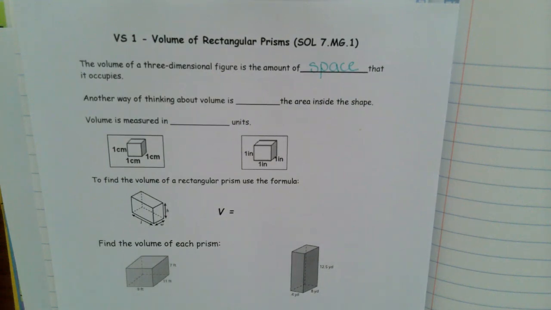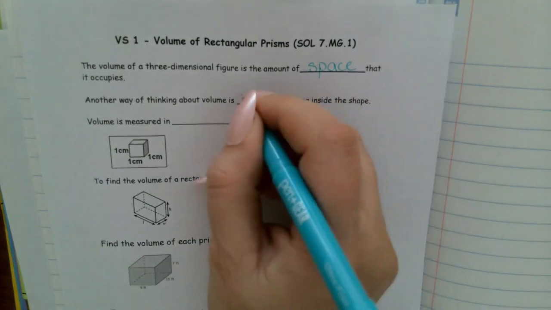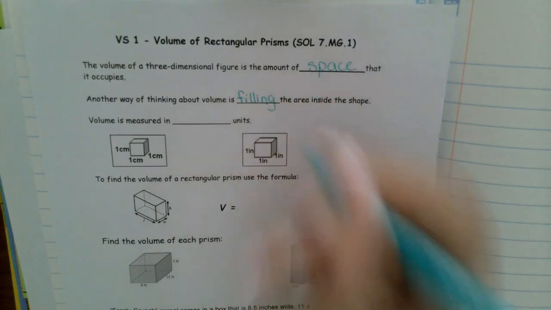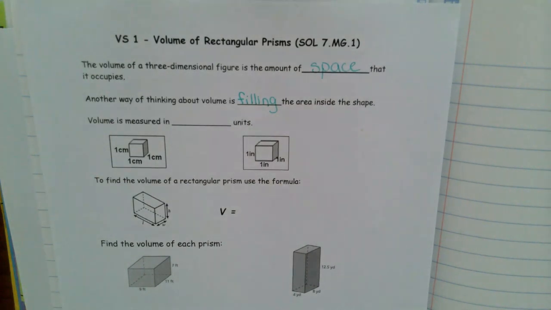Another way of thinking about volume is filling the inside of the shape. And because you're dealing with a 3-dimensional shape, you're figuring out either how much space it takes up in your 3 dimensions, like in real life, or thinking of it as how much can fit inside of this 3-dimensional shape.